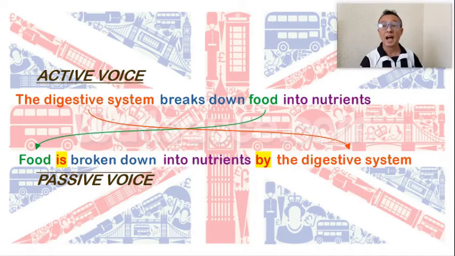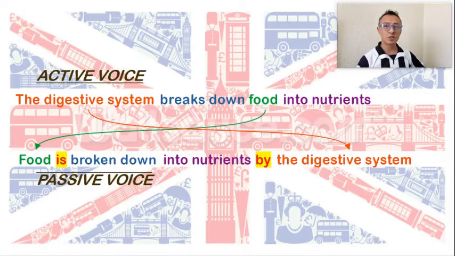Well, then I have to take the object to the beginning of the sentence and take the subject to the end. Observe the change. Food is broken down into nutrients by the digestive system.